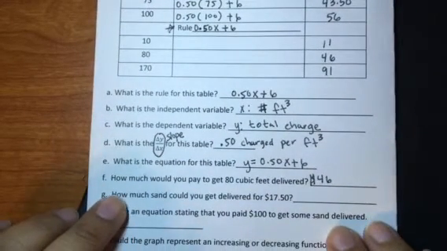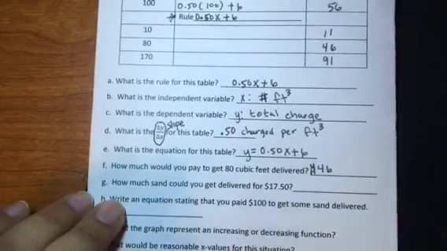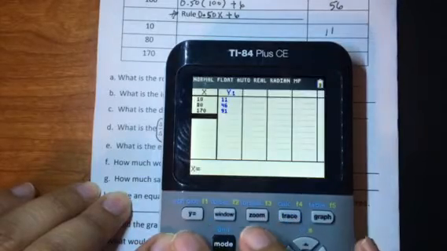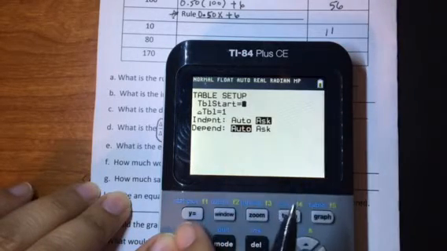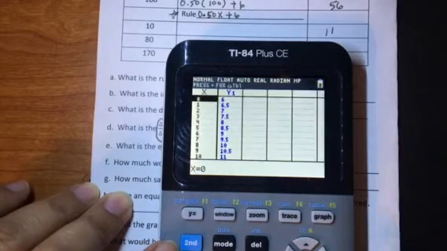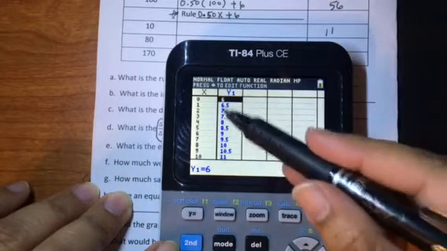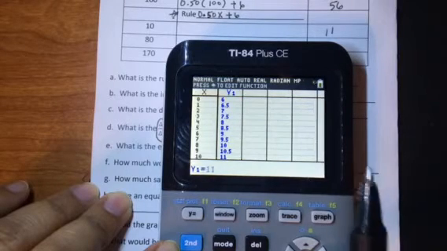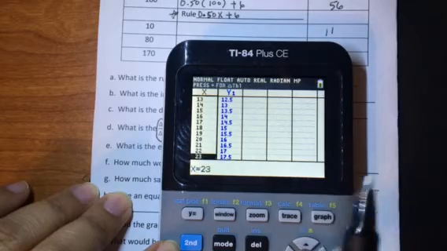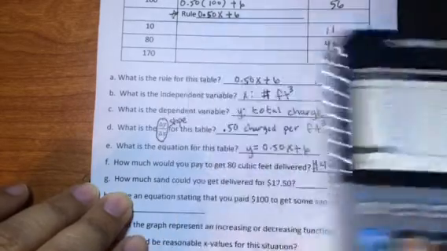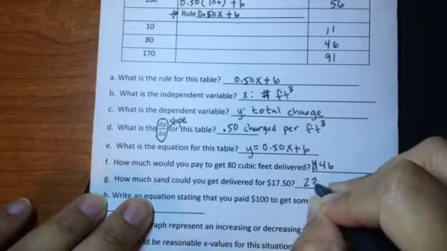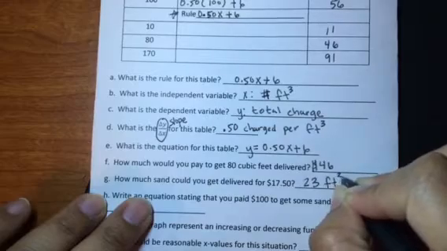How much sand would you get delivered for $17.50? Well, to do that, we're going to have to go back into second window and change your independent to auto. And we're going to have to go look on the Y side for $17.50. So $17.50 is 23. So how much sand would you get? 23 cubic feet.